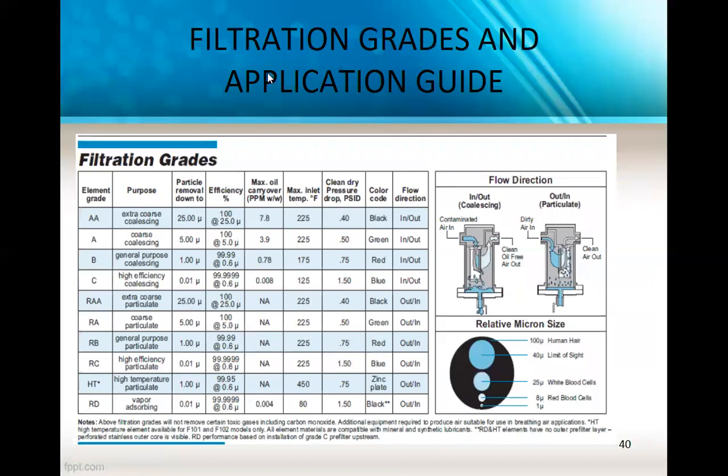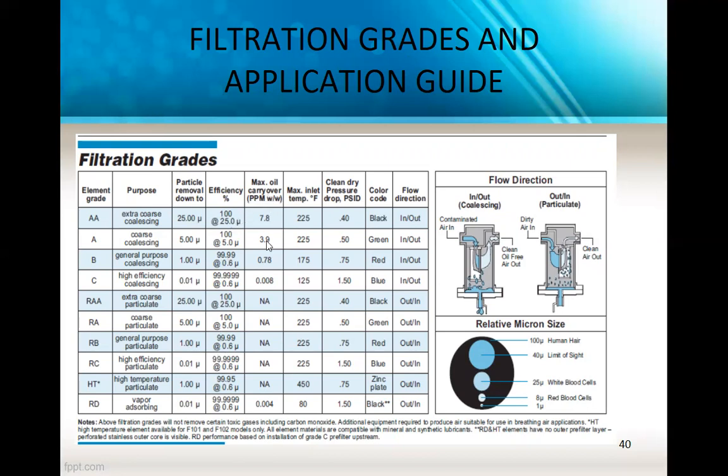So these are the filtration guides and application guides. This is a catalog, right? Element grade, general purpose, extra cost policy, general purpose, high efficiency, and then particle removal, down to where your particle size is. Efficiency, here at 0.5 microns. It always has a micron rating efficiency, which is the size of the particle.